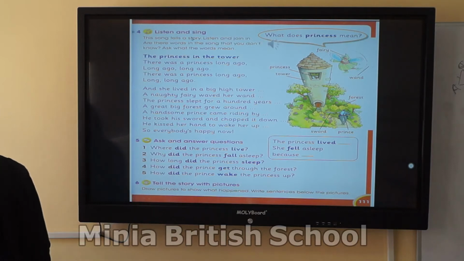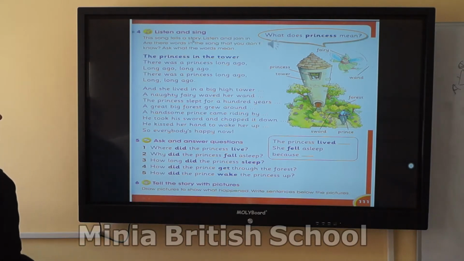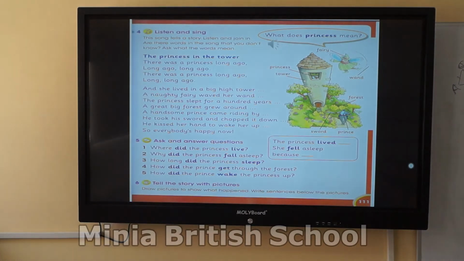Track 78. The Princess in the Tower. She lived in a big high tower.